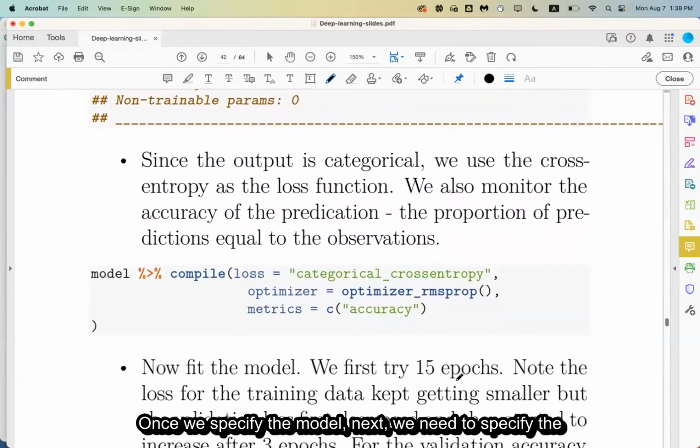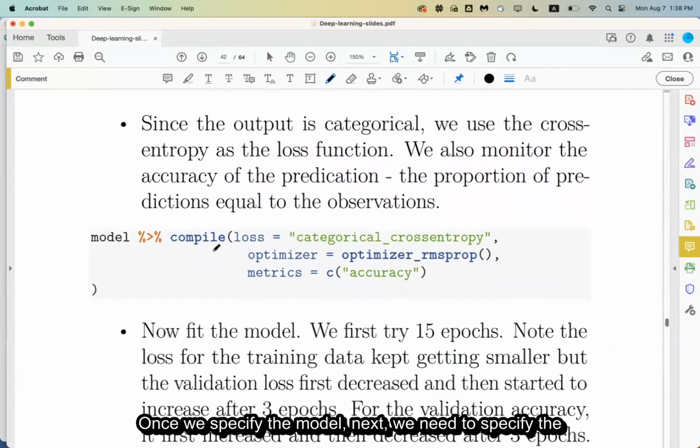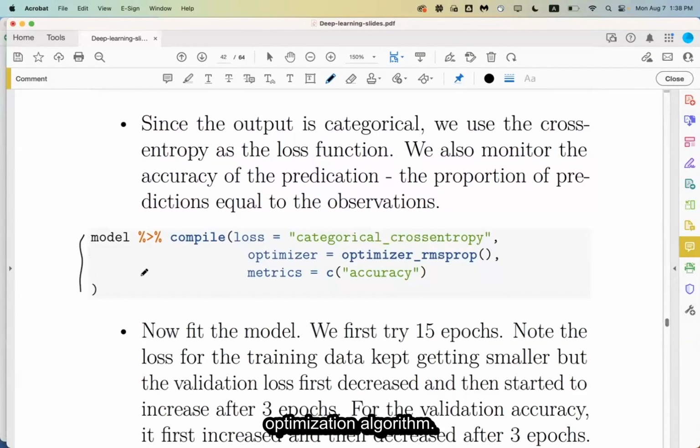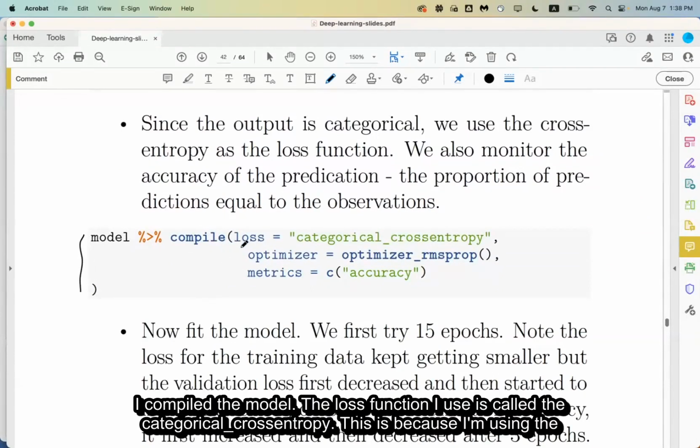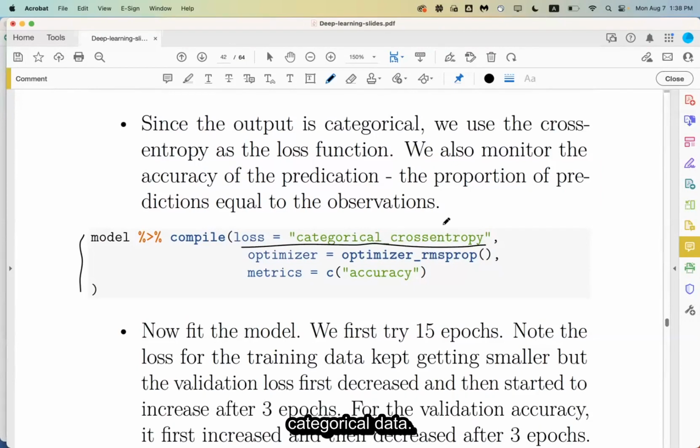Once we specify the model, next we need to specify the optimization algorithm. I compile the model. The loss function I use is categorical cross entropy. This is because I'm using categorical data.